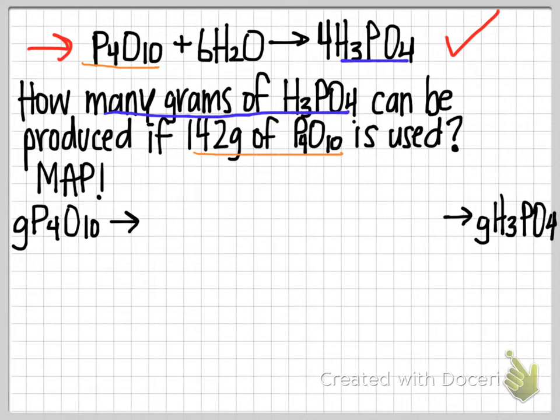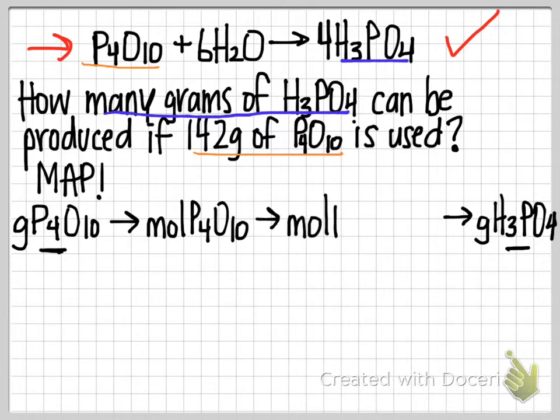How do we get from this here to this? Well, first from grams, we can always get moles P4O10, and you can actually use that to find moles of your answer, H3PO4. Once you have moles of H3PO4, you can find grams H3PO4.